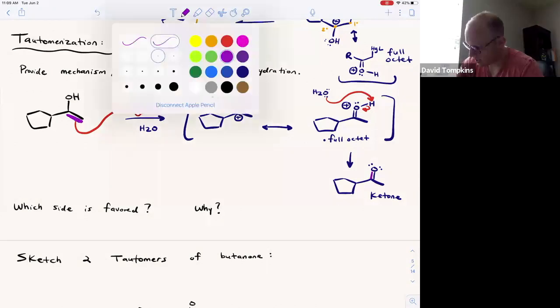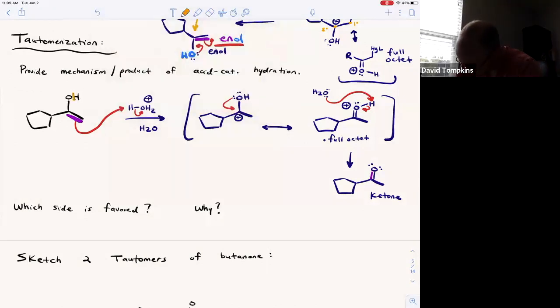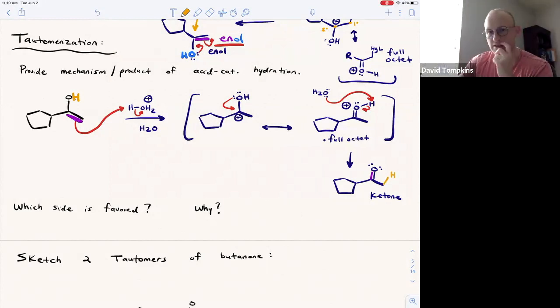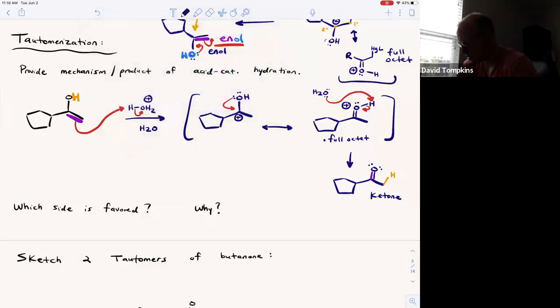And the hydrogen that was acidic and on the enol is now a hydrogen at the alpha carbon. So you swap the location of the hydrogen and the pi bond. And the carbonyl, this is favored. So this is what you're going to draw as your major product.